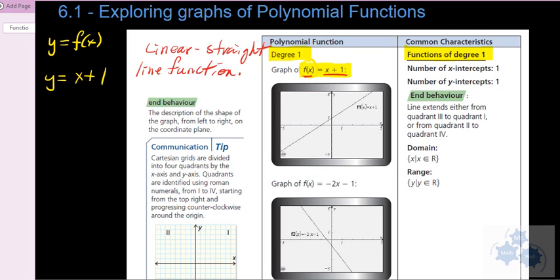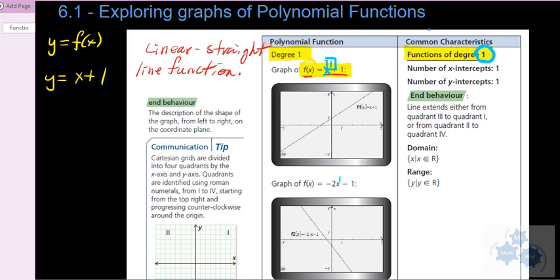The degree of the function is the largest exponent that you would see on any of the variables in the expression. So this is an x variable, right? Right here there's an x to the power of 1. There's nothing shown there, so we assume that to be x to the power of 1. And of course down here, there's an x term, and it has an exponent of 1 on it, so that means it's degree 1.